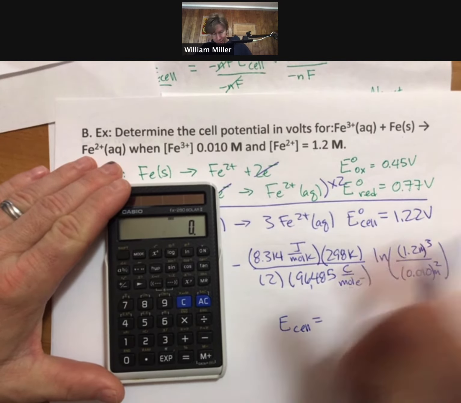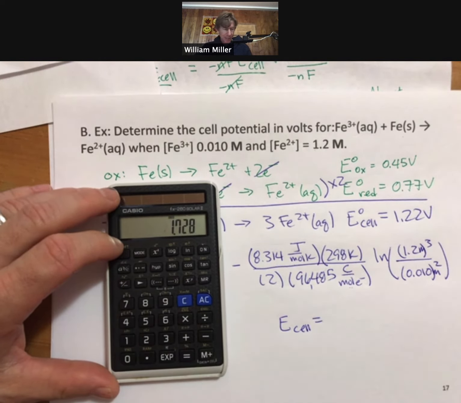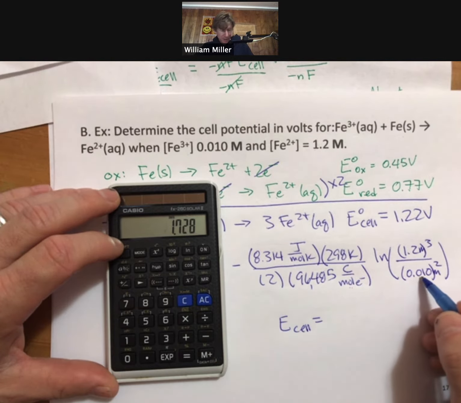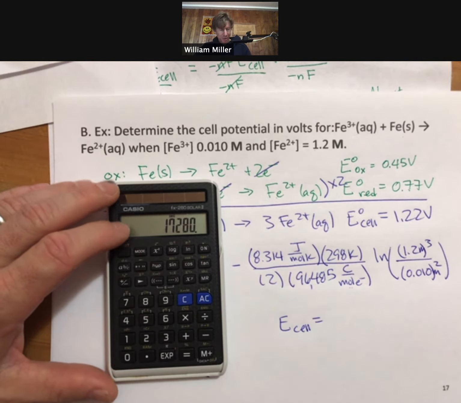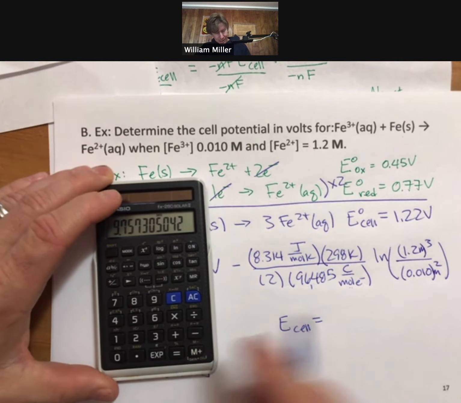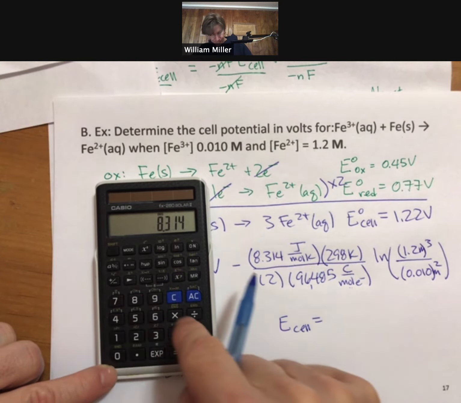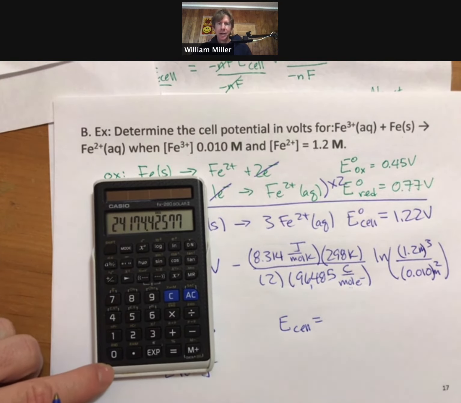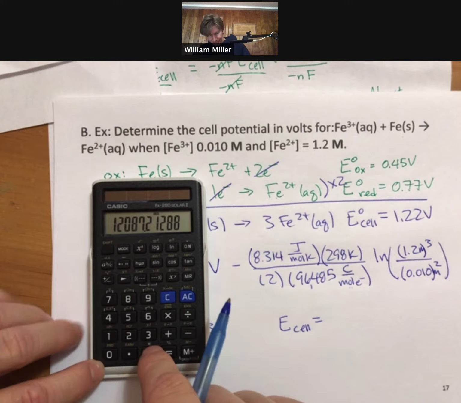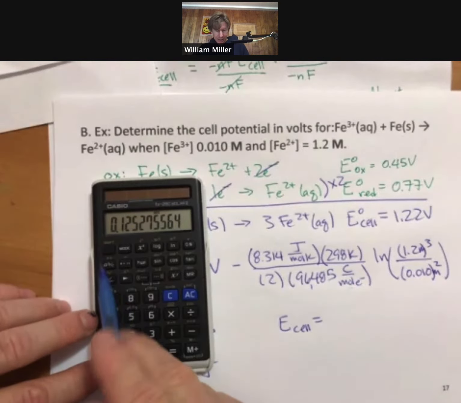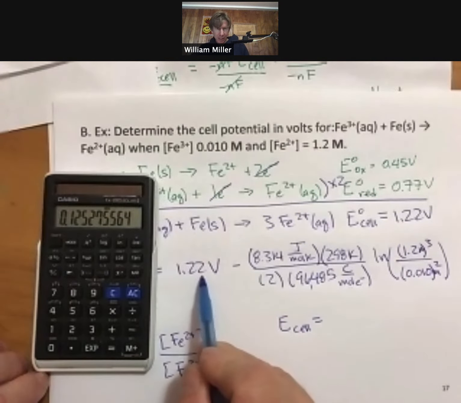I've got 1.2 cubed divided by 0.01 squared, 17,280. Take the natural log, times it by all these numbers, 8.314, 298, divided by 2 and our Faraday constant, and I get 0.125, or 0.13 when I actually do 2 decimal places here.